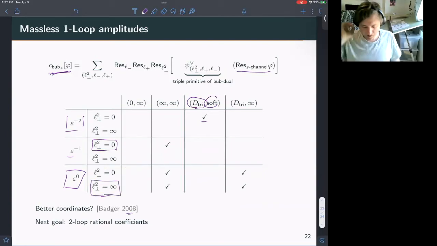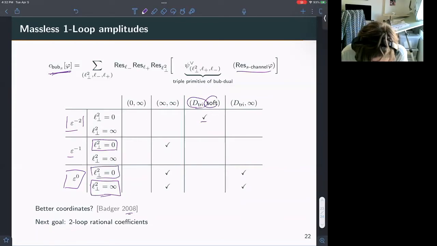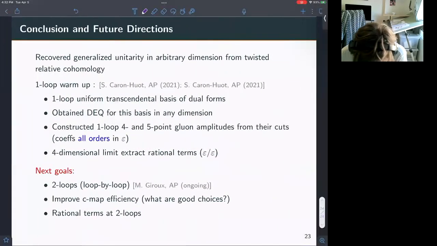So here is another place where we think that the amount of choice in what basis and what coordinates we choose greatly affects these intermediate steps, and perhaps we can make a better choice and in the future remove the need for the residue here. So that would be something for future work.